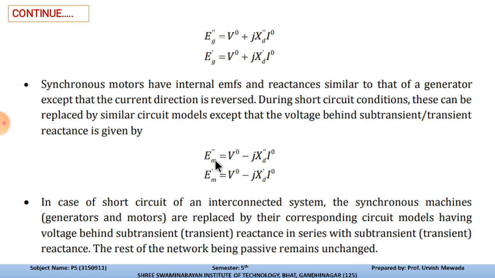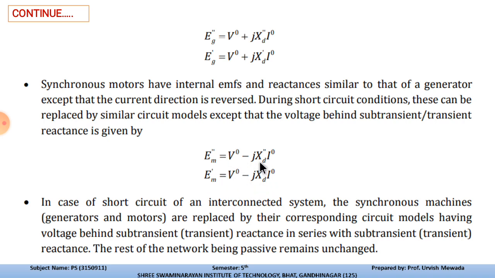So this is EM double dash, this is the motor, and this is the generator. That is why the generator equation has the subscript G, and the motor equation has the subscript M. EM double dash is equal to V0 minus j XD double dash I0, and for EM dash the reactance is XD dash.